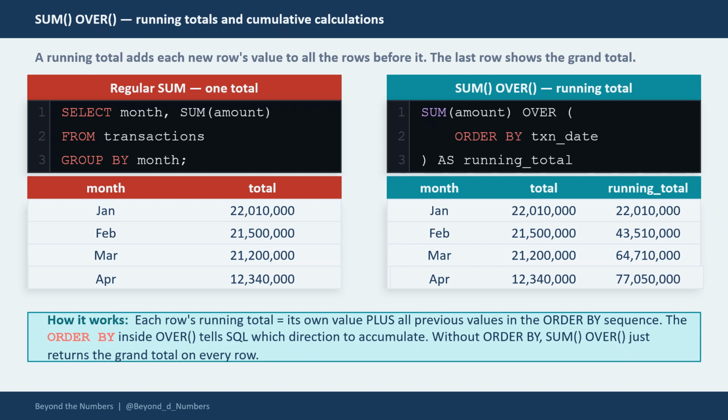So each row accumulates everything before it. How does this work? The order by inside over tells SQL to accumulate in date order. Without order by, sum over just puts the grand total on every row, which is useful for percentage calculations but not running totals. With order by, it runs forward through the sequence, adding as it goes on.